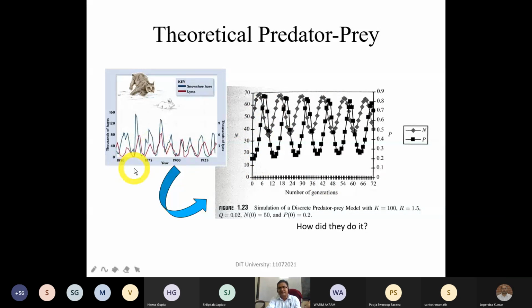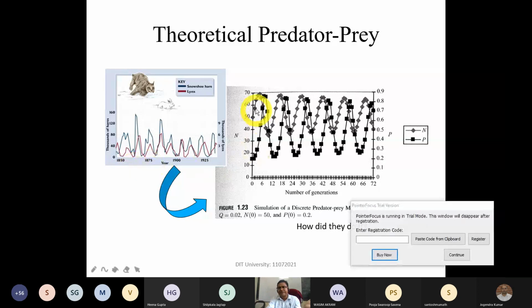The data has been taken from the previous one, and as you can see here, the same thing is happening: the prey peaks come first, then the predator peaks. That means predator peaks lag behind the prey peaks, and that's what the prey-predator model is.